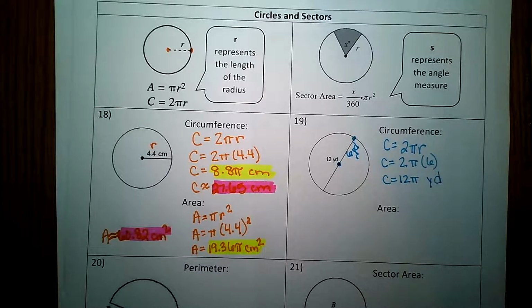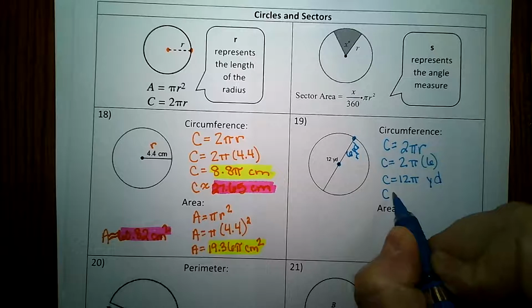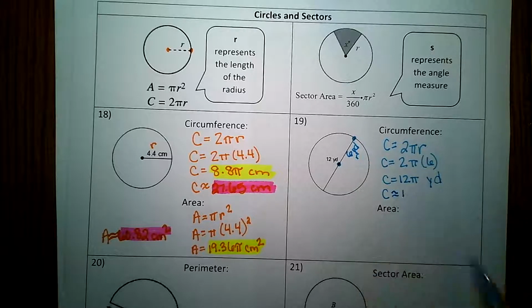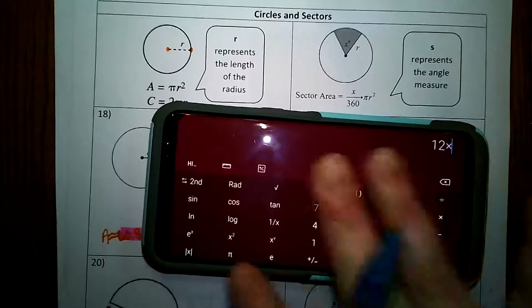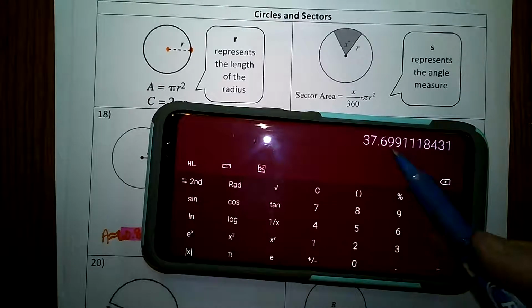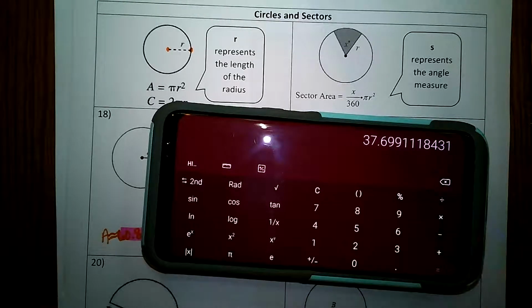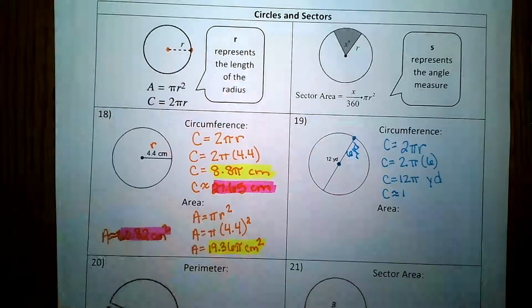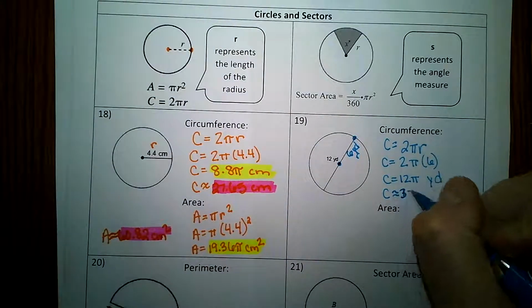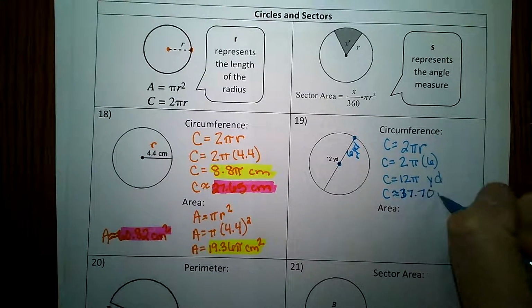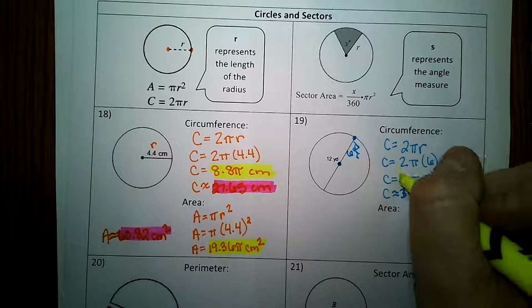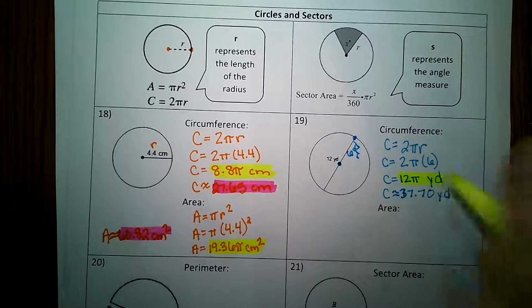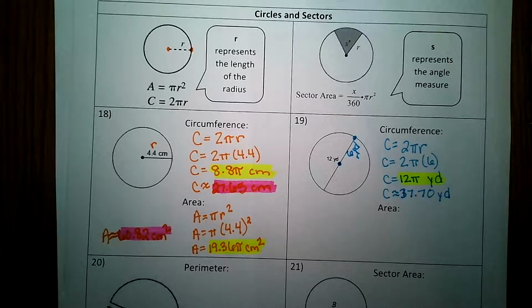If I want to get the rounded value, I'm going to need my calculator to do 12 times pi. 12 times pi is 37.69, so I'm going to round that to 37.70 yards. Notice that's not yards squared. That is just yards because that's a linear distance, something we can measure with a tape measure.